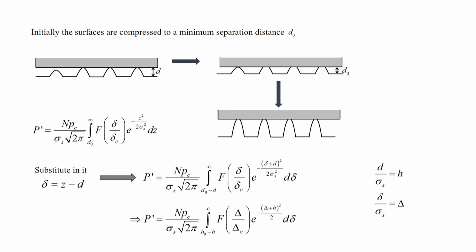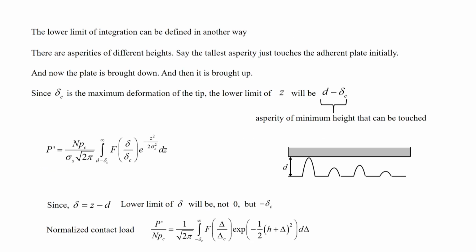Now, actually this kind of lower limit of integration can be defined in another way. Let us say that initially only the tallest of these asperities is in contact. The tallest asperity remains in contact and now we press it. Pressing means more and more asperities come in contact, and then I pull it off.